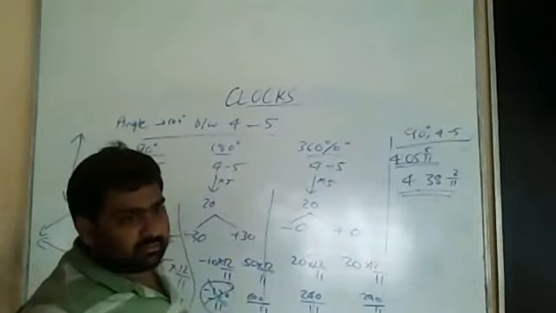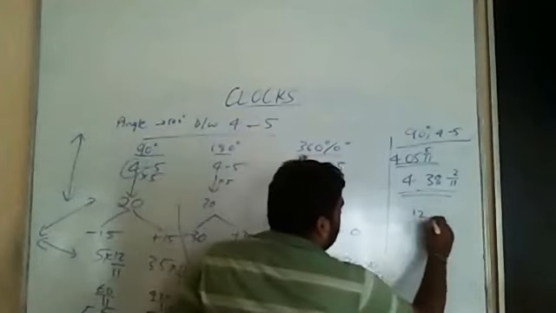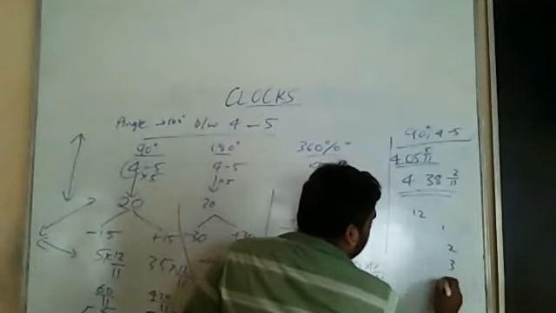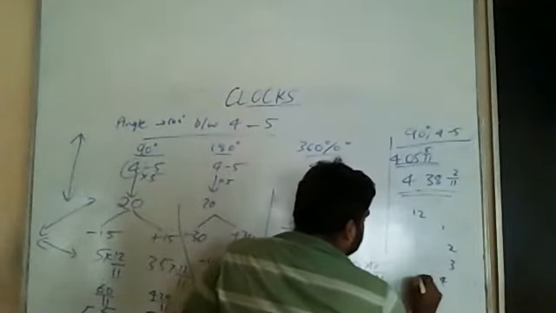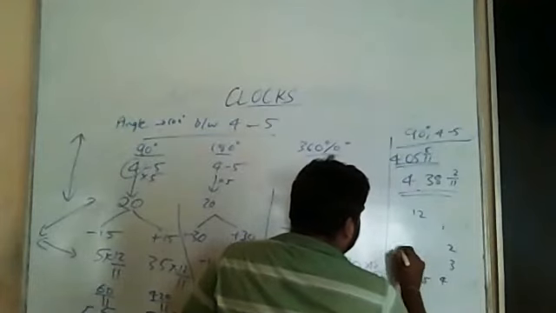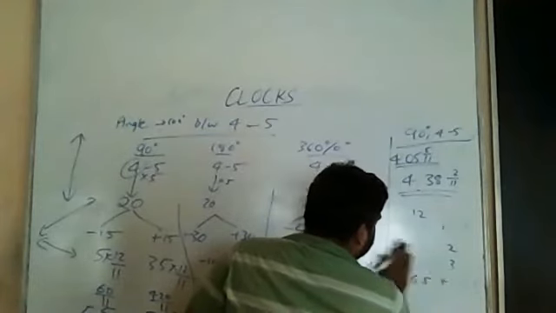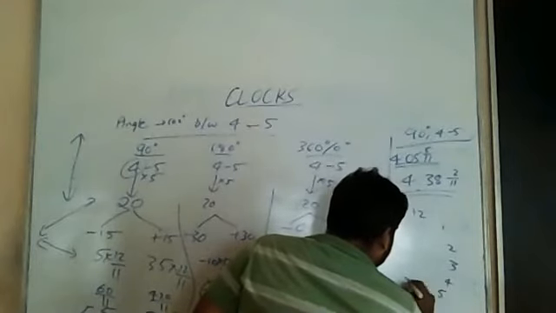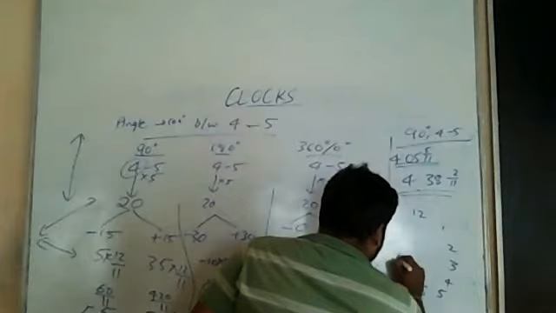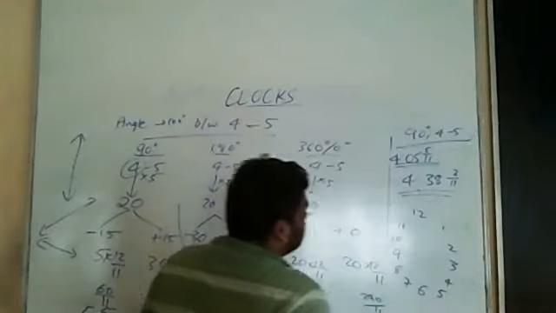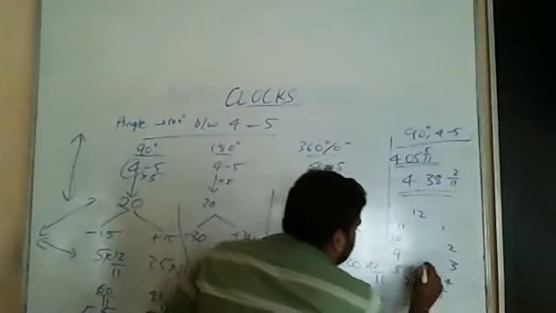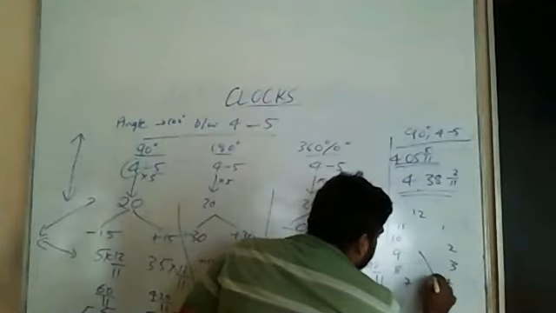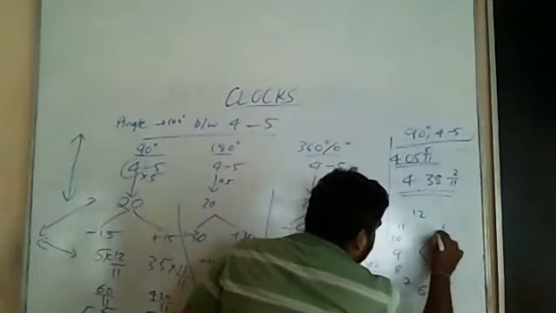Do you get this? If you want to mark and see, well, 1, 2, 3, 4, 5, 6, 7, 8, 9. If this is the clock, at 4:05 our hand is somewhere here. This is somewhere here. Okay?